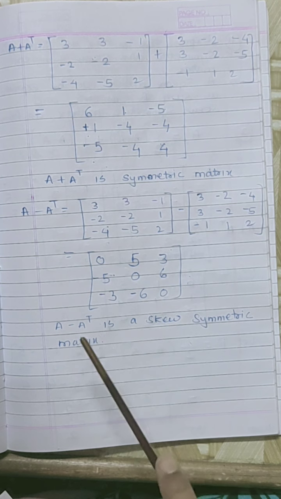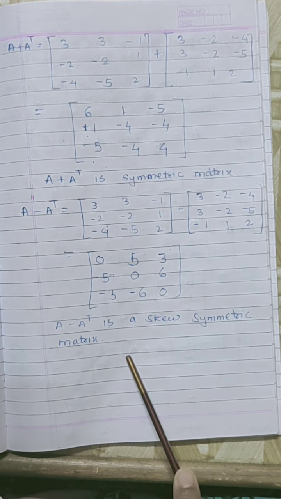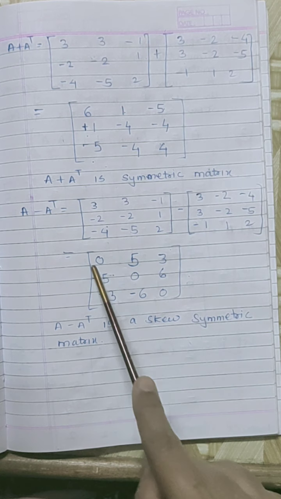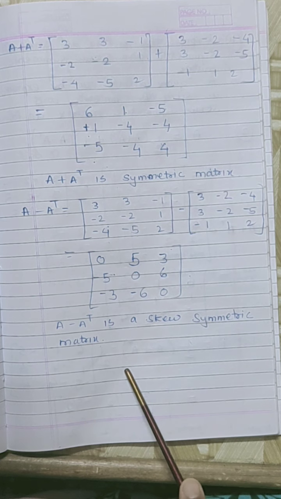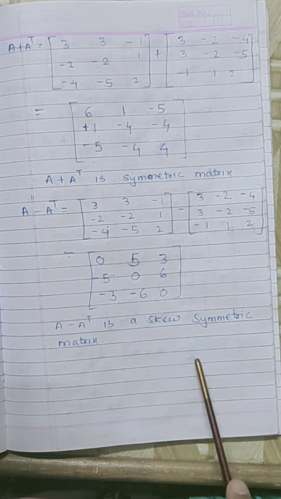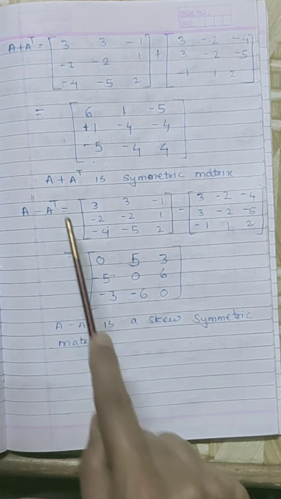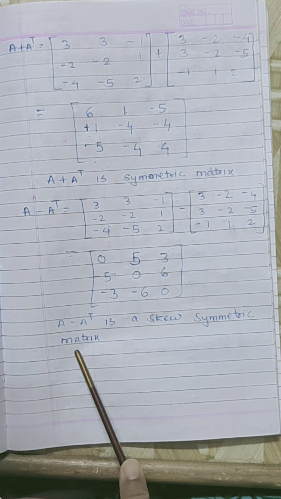So the conditions for skew symmetric matrices are satisfied, that is diagonal elements are 0 and Aij is equal to minus Aji. So this A minus A transpose is a skew symmetric matrix.